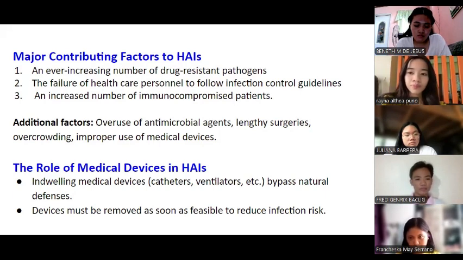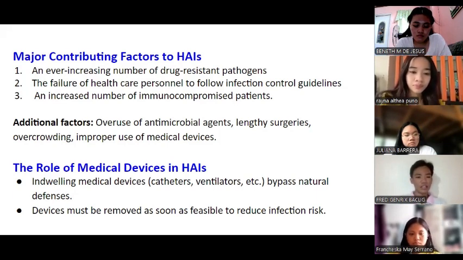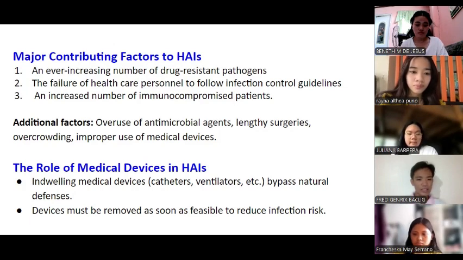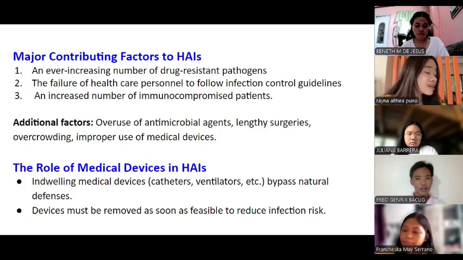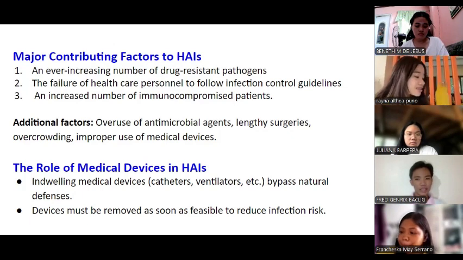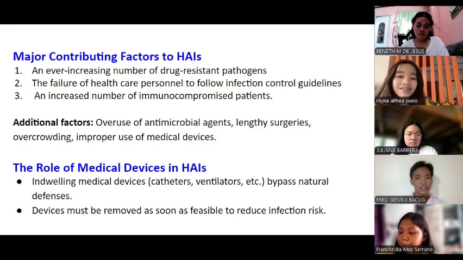The role of medical devices in healthcare-associated infection. Indwelling medical devices such as catheters, ventilators, and more bypass the natural defenses. These medical devices bypass the body's natural barriers like our skin, which normally protects us against infection.